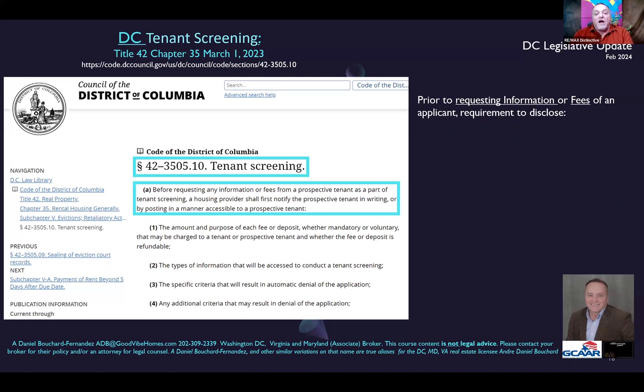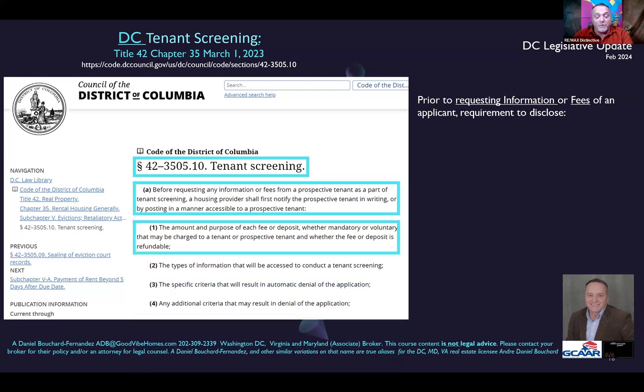Well, this new law tells us that we cannot do that, because before requesting any information or fees from the prospective tenant as a part of tenant screening, a housing provider shall first notify the prospective tenant in writing or by posting in a manner accessible to the prospective tenant the following information.